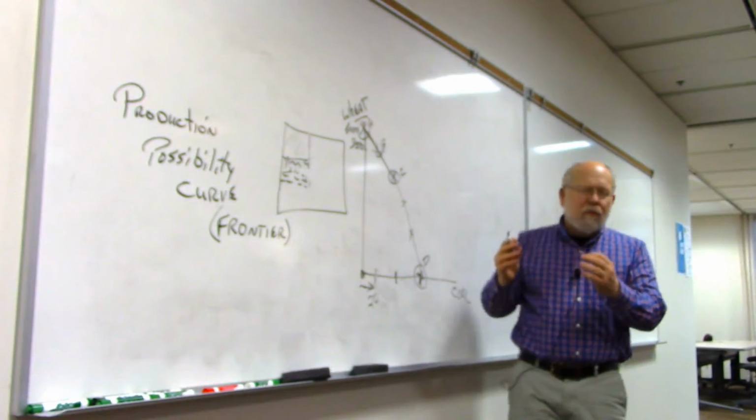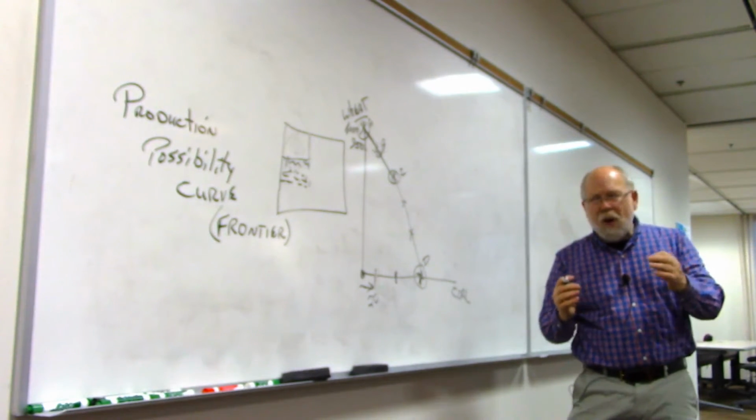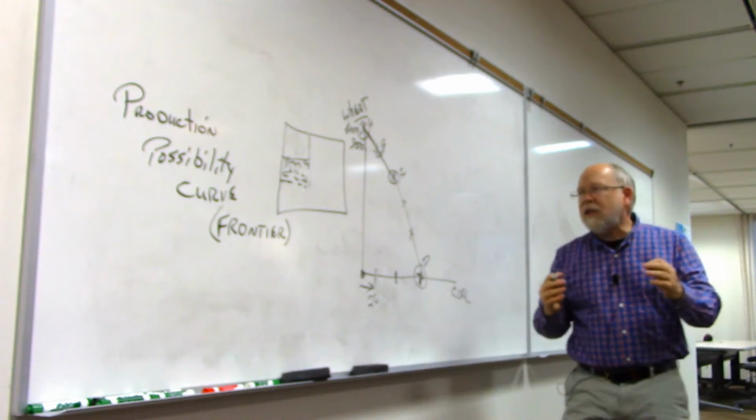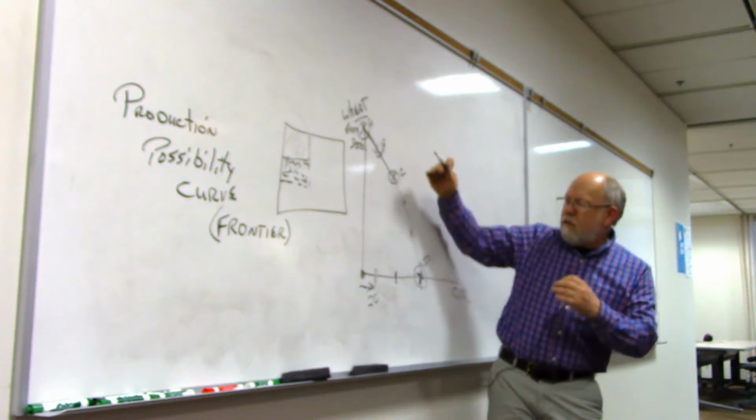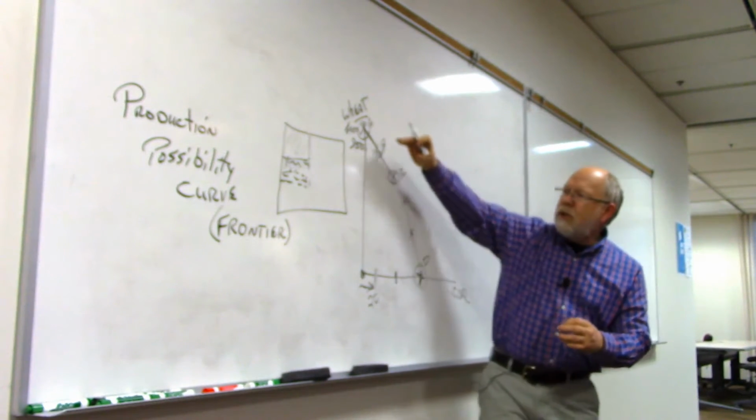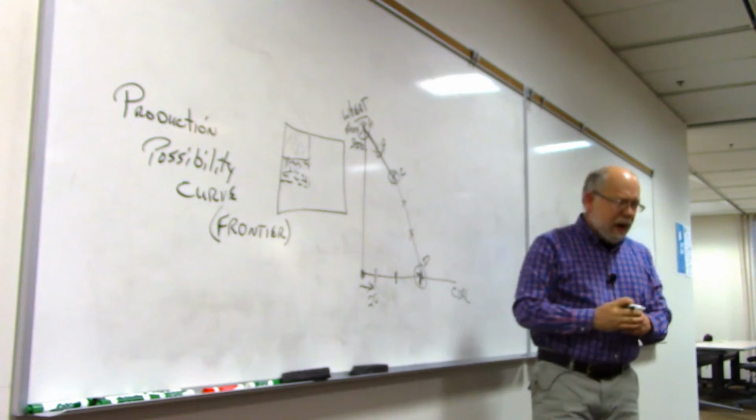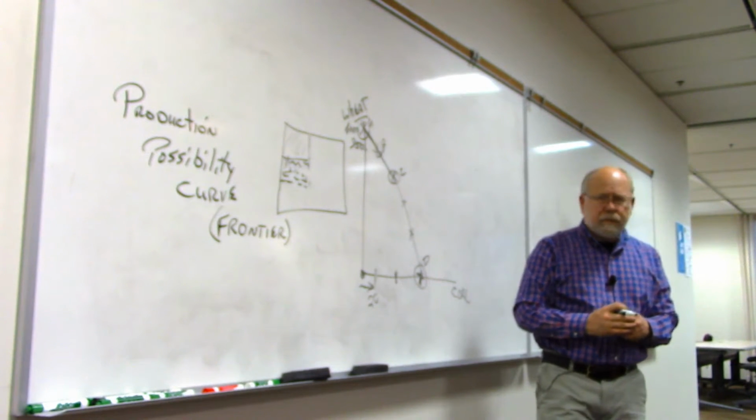So now we're talking about if we're going to work as hard as we possibly can, what are all the different combinations of wheat versus coal? And that would put us on our production possibility curve.